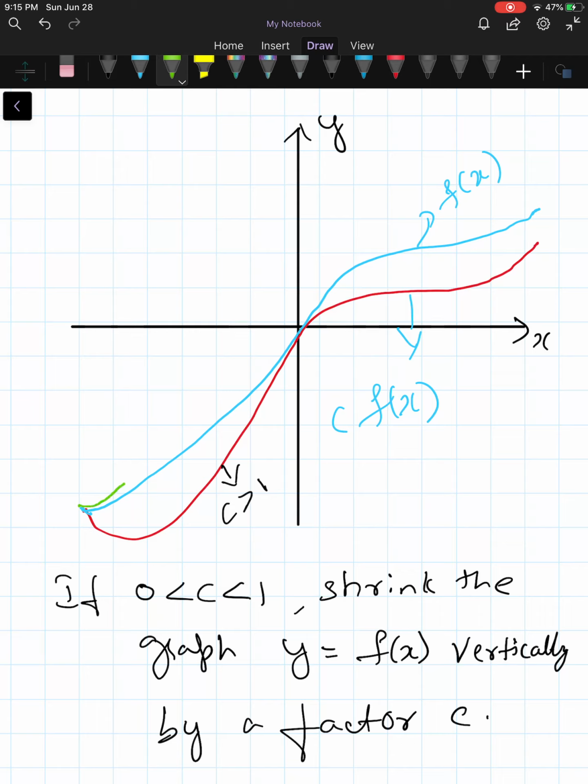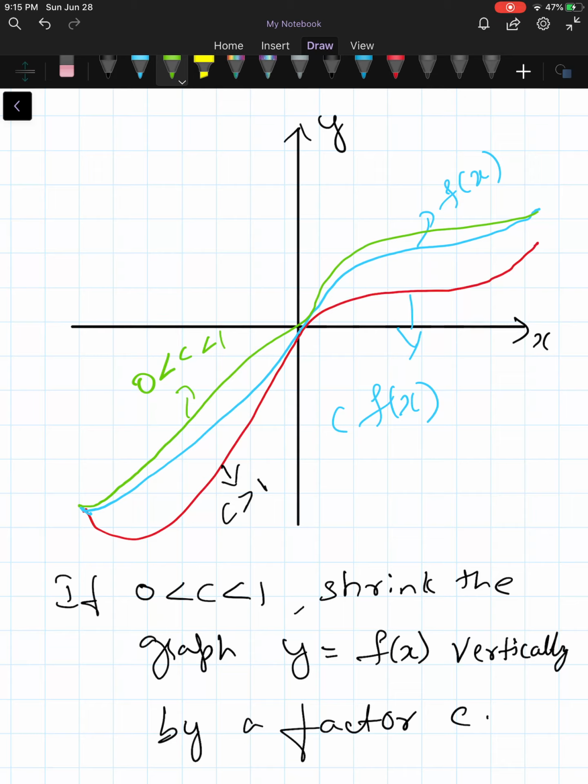The other case is where there is a shrink. The green line represents the shrink. In this case, c takes a value in the open interval 0 to 1. Everything is happening vertically.